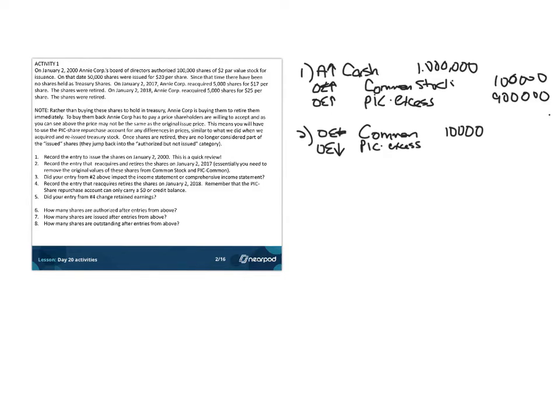So here we go back to the beginning, and we see those were originally issued for $20 a share. There's that number right there. For $20 a share, and they had a $2 par, so that means 18 of every $20 went to paid in capital excess. So now we have 18 times 5,000 shares, which gives us a total of 90,000 that needs to come out of additional paid in capital.